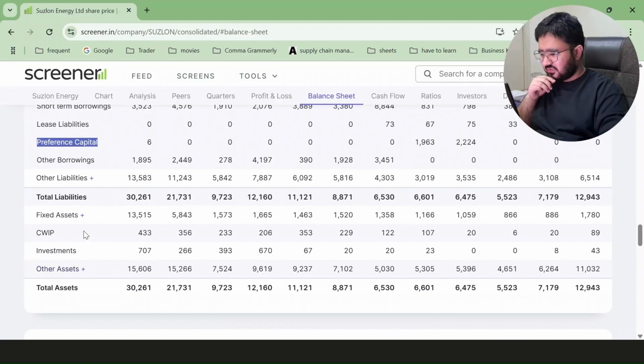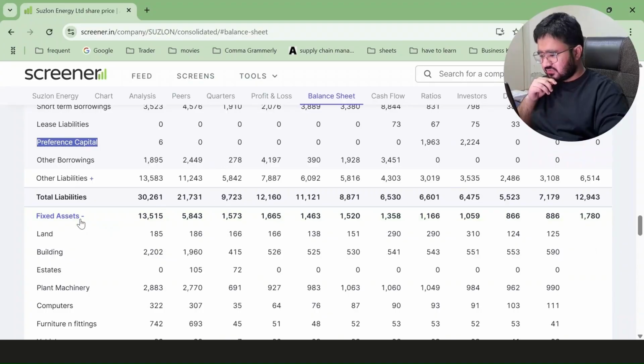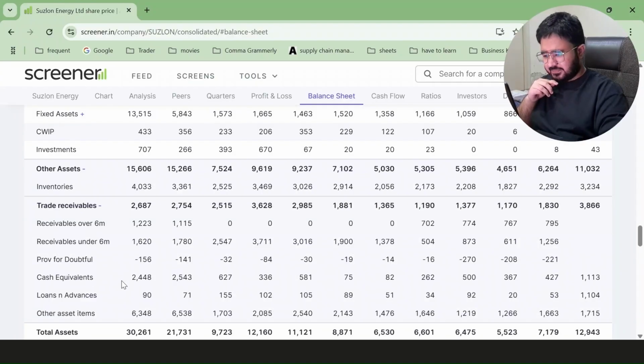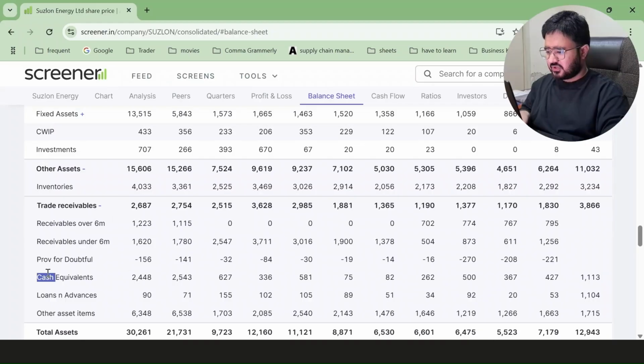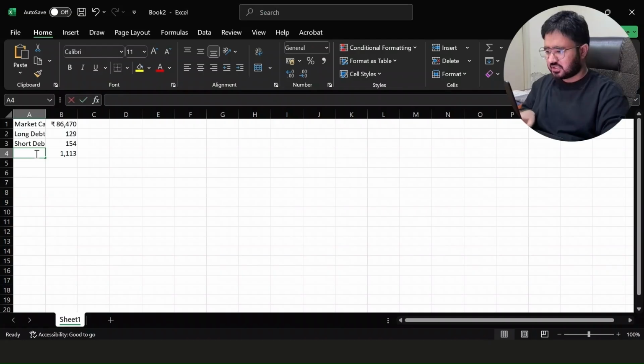We were focusing on cash. I think it would be over here. Yeah, over here. Cash equivalents. Let's just take this. This was cash.